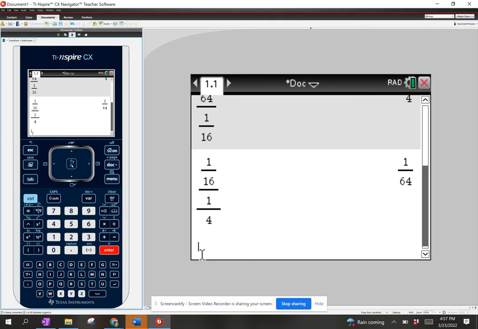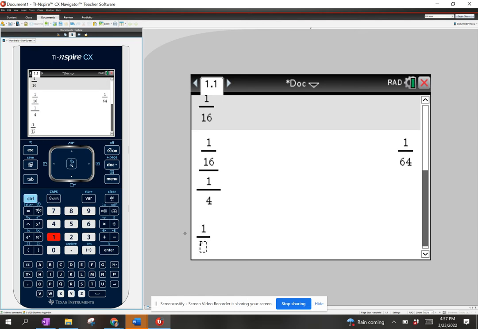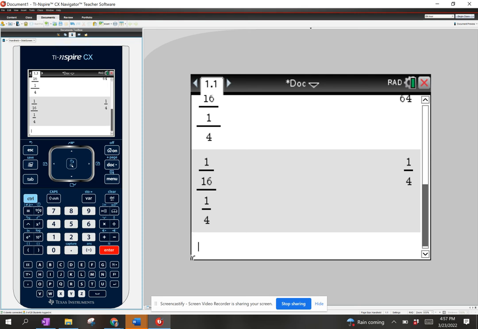If you do it this way, the calculator will actually give you the wrong answer. So you want to make sure that you are using control divide every single time, because the calculator does the wrong order of operations. See, you get 1/4 again.